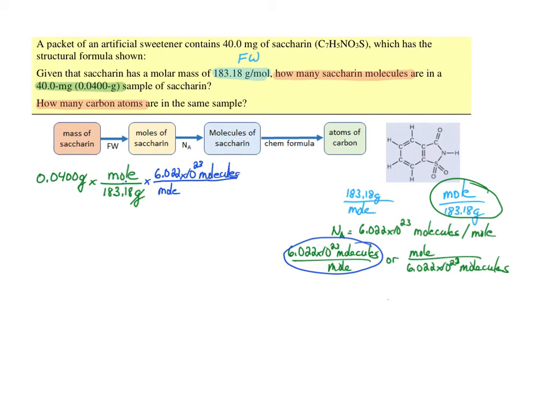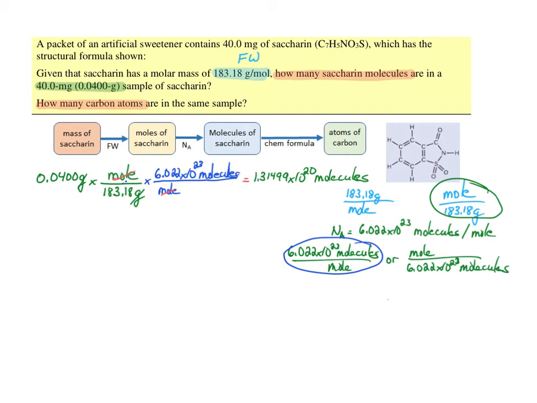So now we can see that grams cancel and moles cancel. So we have arrived at the number of molecules. So the number itself, we can get to our calculator answer by dividing 0.0400 by 183.18, then multiplying by Avogadro's number, and we get our answer as shown.